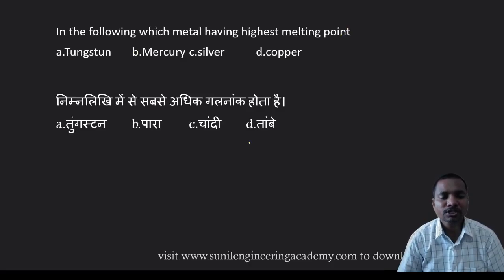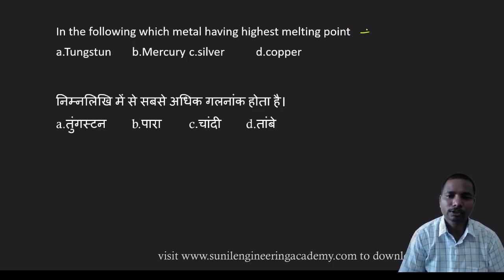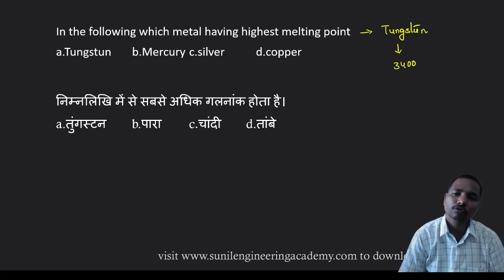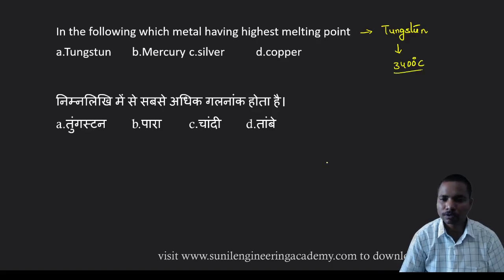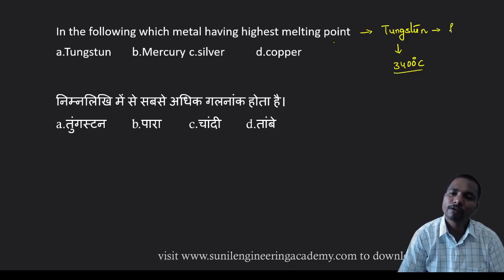Coming to the next question. In the following, which metal has the highest melting point? Highest melting point, that is tungsten. Very important. Tungsten, approximately 3400 degrees centigrade. Because of its high melting point, it is used to make filaments in electric bulbs.